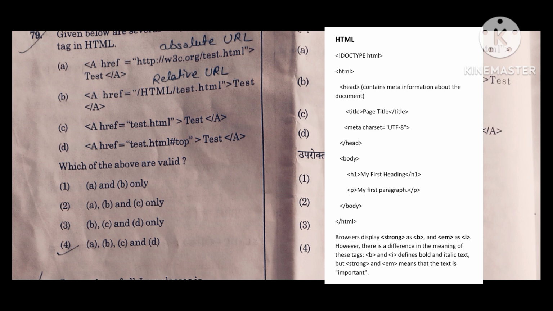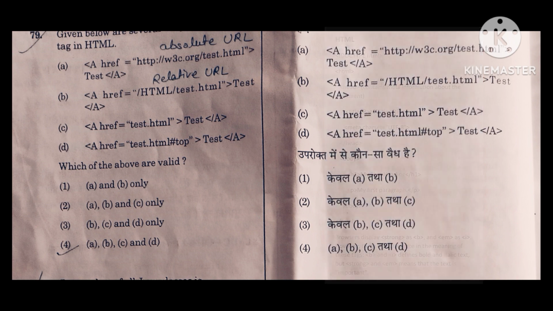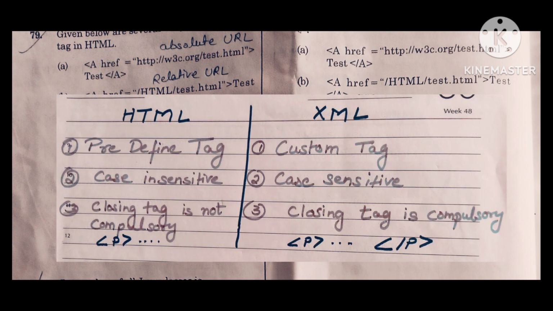Second important question here is that the browser always displays strong as B and EM as I, whereas B and I stand for bold and italic, and strong and EM emphasize the important text. Okay. Now the next important thing is, what is the difference between HTML and XML?